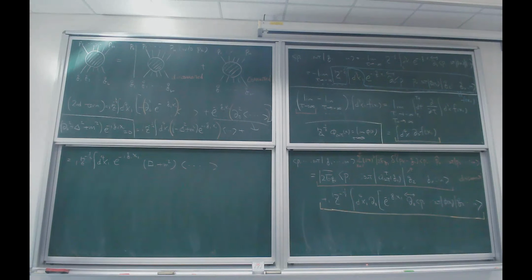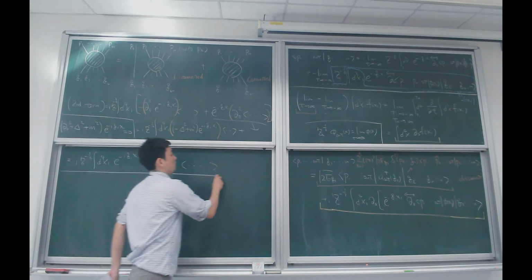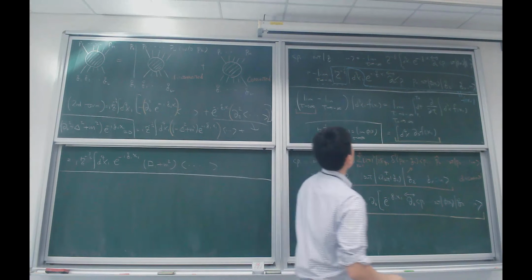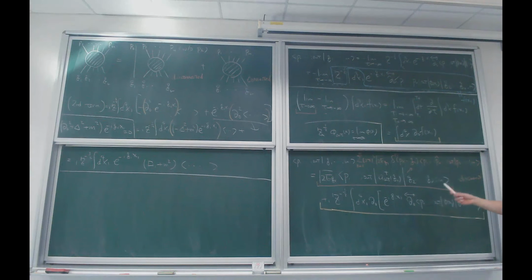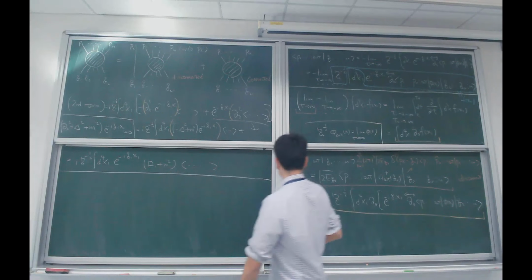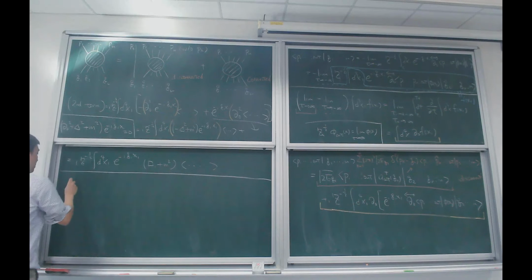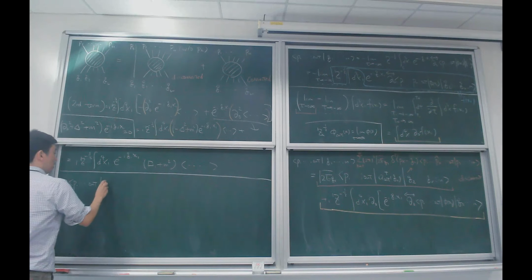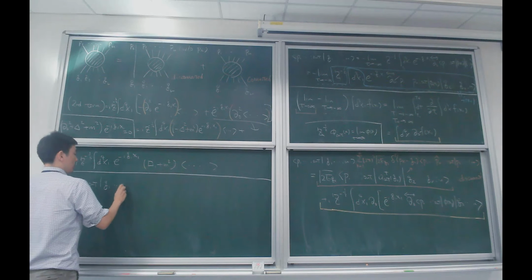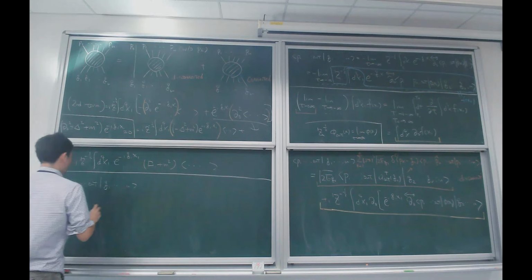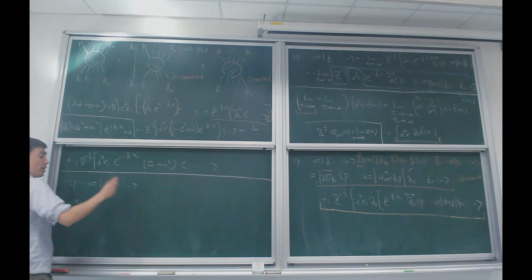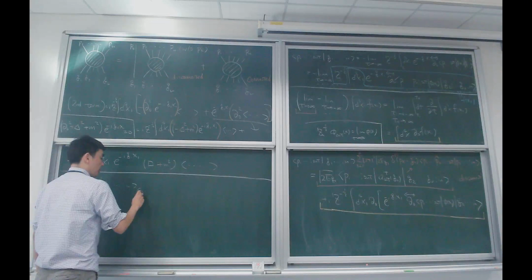For instance, let's see. You can do the same game for our state. For instance, this P1 out and the Q1 in can be written as, okay, let's consider only the connected one.